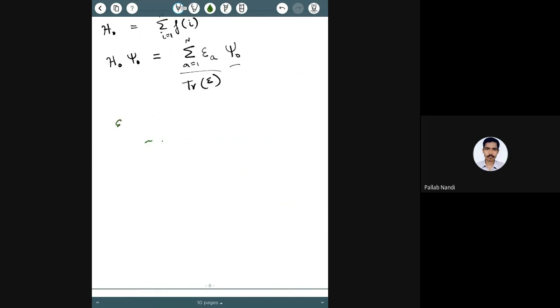Each orbital energy is an expectation value of the Fock matrix with respect to A. And what is that?